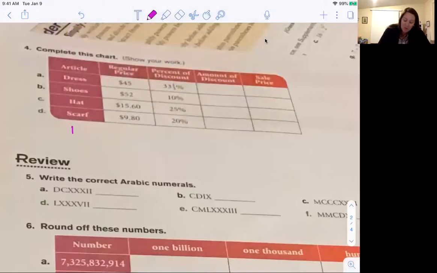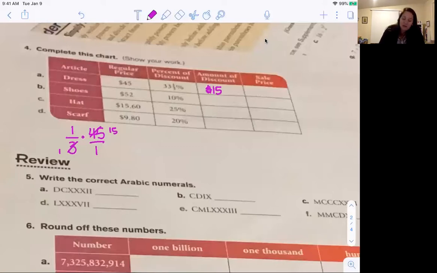So if I have 1/3 times $45 or 45 over 1, what do I have? Do these share a common factor? They do. They share a 3. How many times does 3 go into 45? 15 times. Good. So my amount of discount is $15.